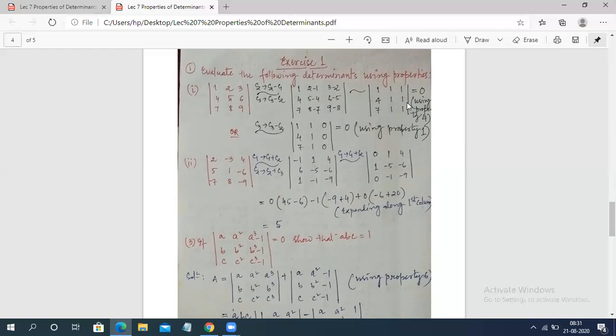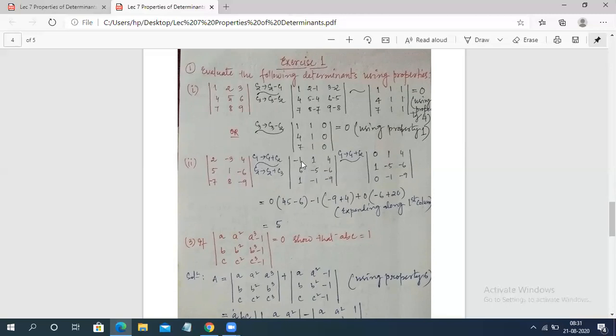Second question. These are the entries: 2 minus 3, 4, 5, 1 minus 6, minus 7, 8, minus 9. Now take the operations: change C1 as C1 plus C2 and C2 as C2 plus C3.